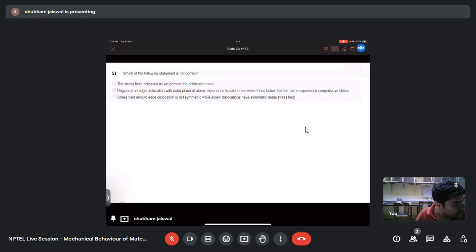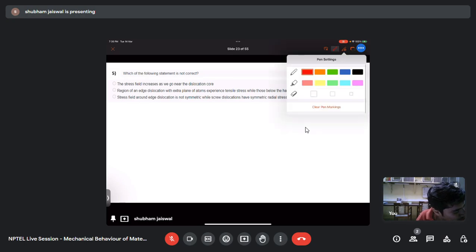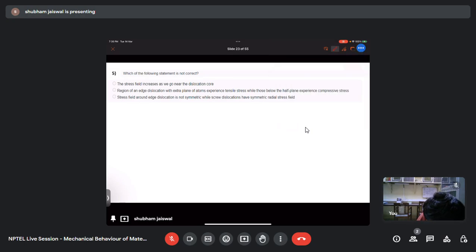So for your better understanding, I'll draw the diagrams. From that diagram, you can easily answer. Now try to answer.